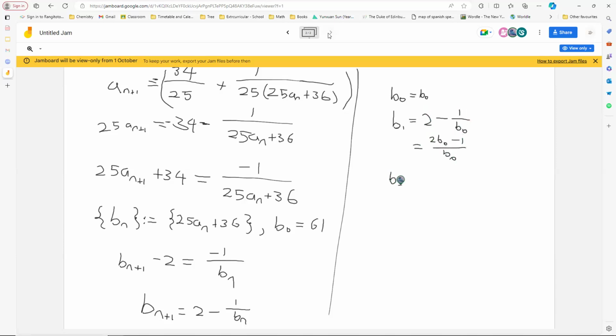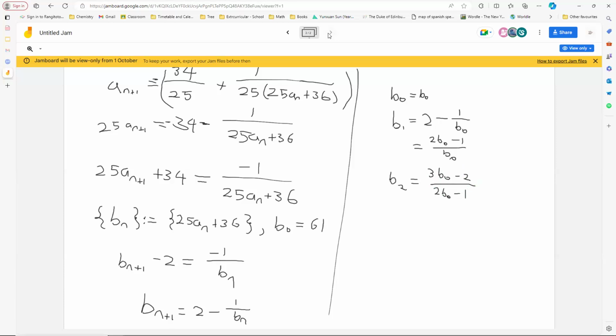So if you check b2, then b sub 2 is equal to, okay, I'm not going to do the algebra because it is a little bit long, but you do get 3 times b0 minus 2 over 2 times b0 minus 1.